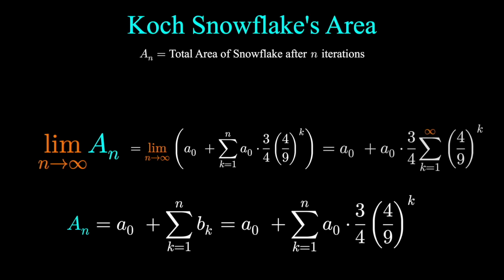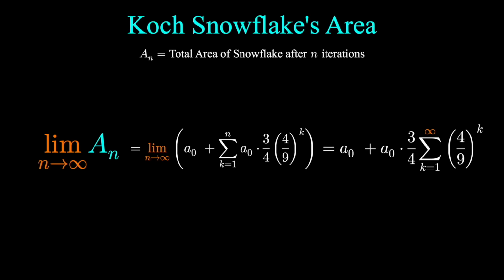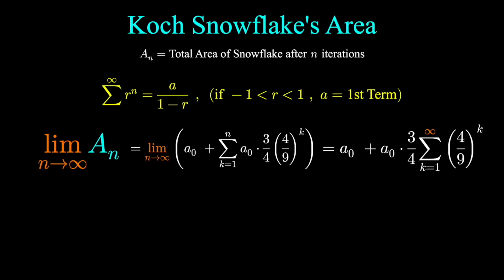And so what we have here is an infinite series. This is something that you would probably come across in Calc 2. This series is what's known as a geometric series, and it has a very nice formula that gives us its result so long as the base in absolute value is strictly less than 1. Here the base is 4/9, so it's all good.